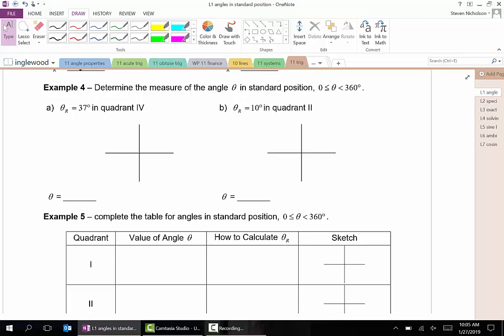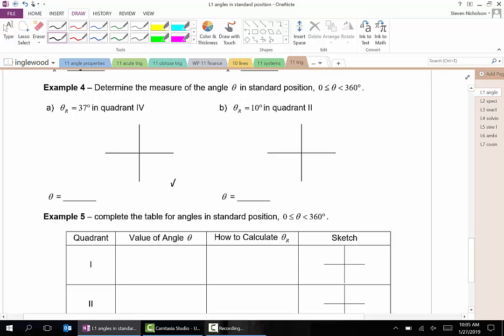Determine the measure of the angle theta in standard position from 0 to 360. So again, in grade 12, you go around more and more than 360 degrees, but in grade 11, we just care about this. So here's what we know. We know the reference angle is 37 degrees, the angle formed between the terminal arm and the x-axis, and it's in quadrant 4.